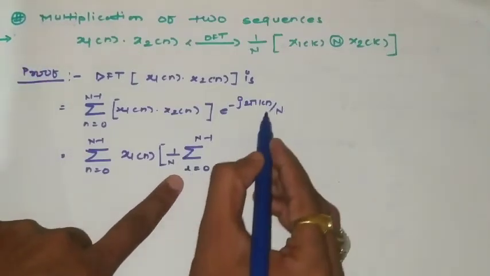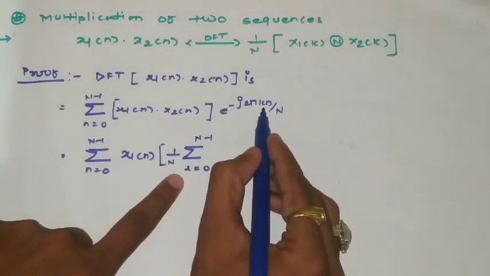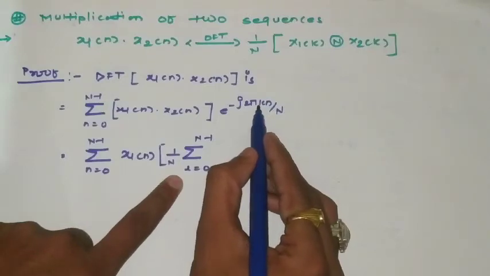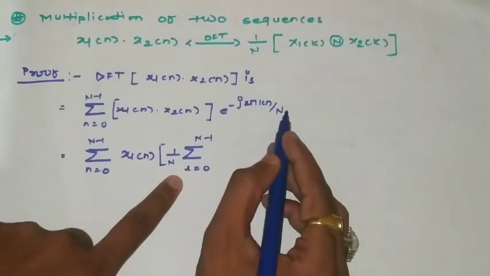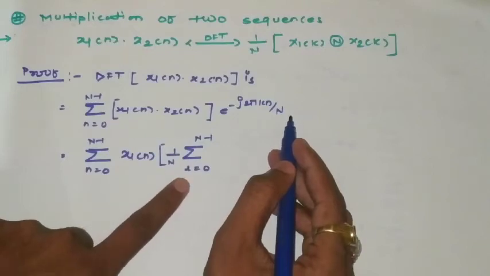The reason is we already got the term k over here. So if I use k, the possibility is that these exponential terms may get cancelled. That's why we are considering this variable as L.